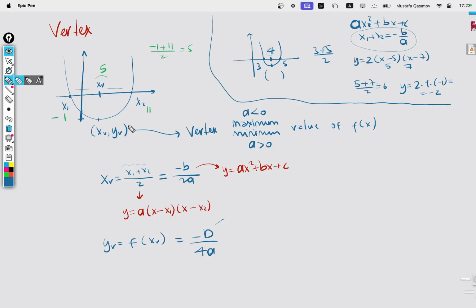Okay. When we need to find x vertex and when we need to find y vertex is also very important.